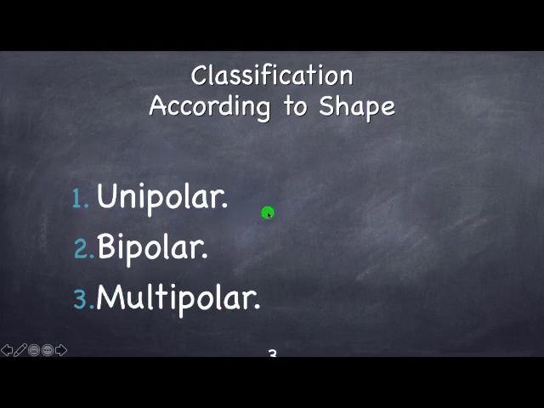We can find the unipolar in the spinal ganglion. Where can we find the bipolar? We find them in the eye, in the nose, and in the ear. Where do we find the multipolar? We find them, as we have said, in the anterior horn cells of the spinal cord, in the cerebral cortex, and in the cerebellar cortex, as we will see now.